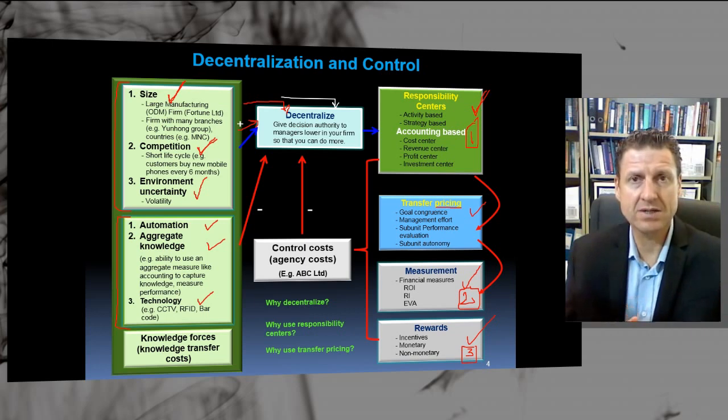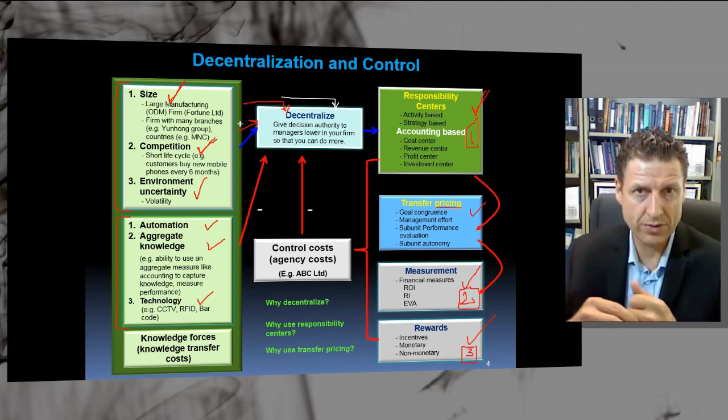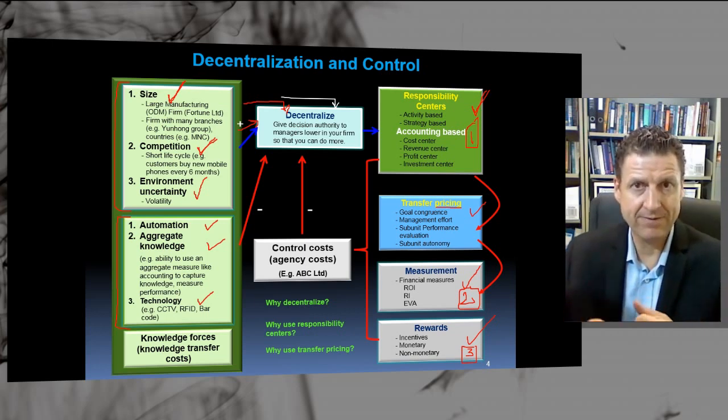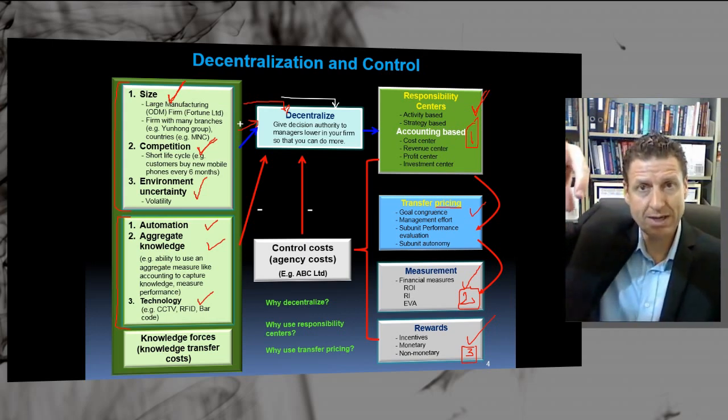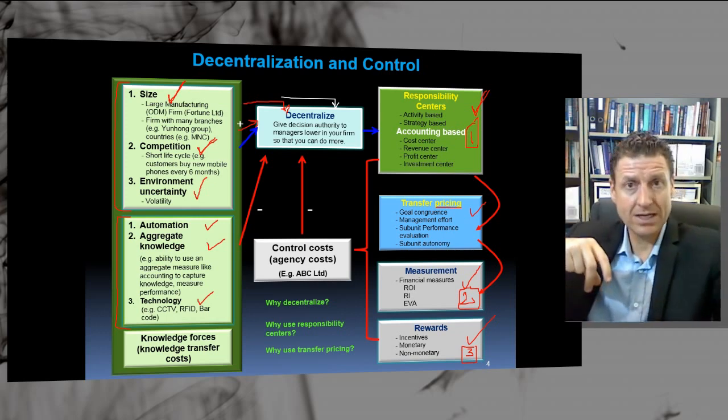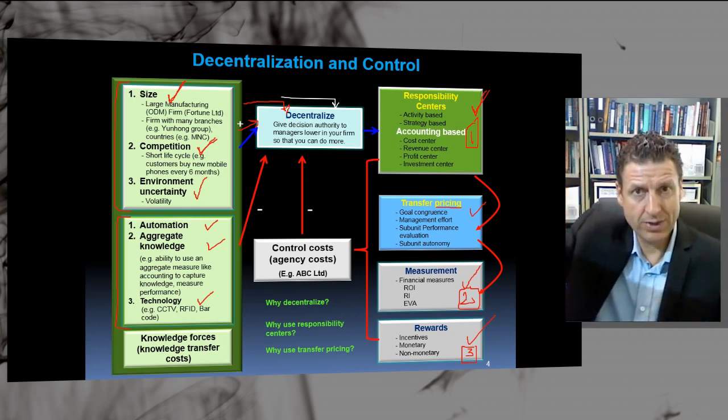Maintaining a certain sales market share or a certain growth goal that you have set for the division. All right, that's measurement. And then you're going to have rewards. You've got the incentives. So those 3 things are your 3 legs of the stool, or the 3 wheels of the car.